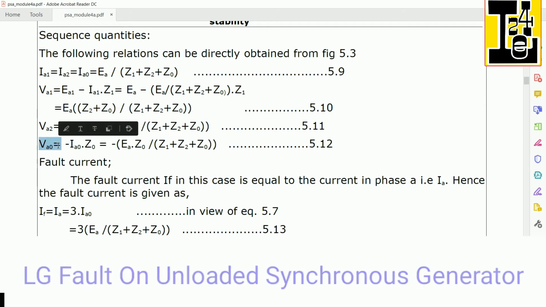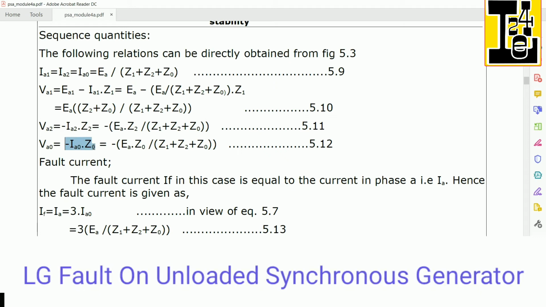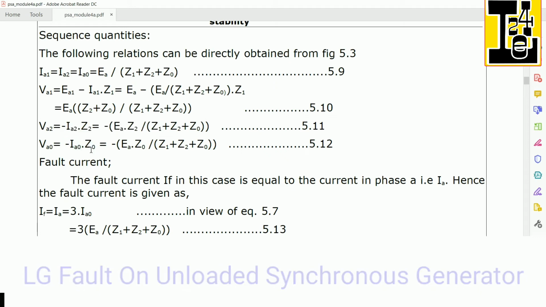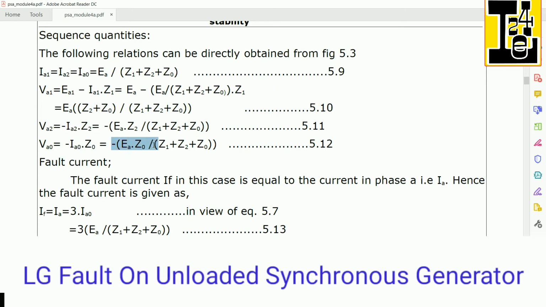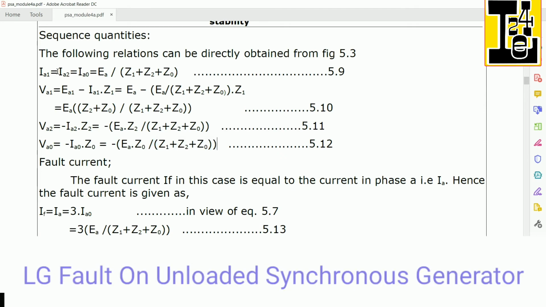We have another system equation, VA0 equals minus IA0 into Z0. Substituting the expression for IA0, we get VA0 equals minus EA into Z0 divided by Z1 plus Z2 plus Z0. So these are the six sequence quantities: three sequence currents and three sequence voltages.